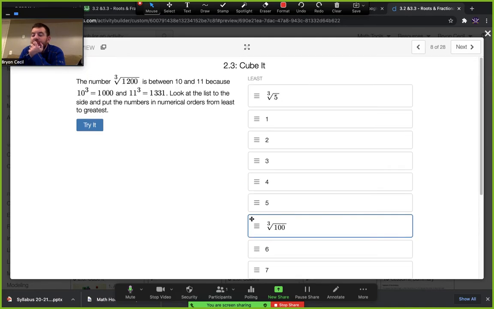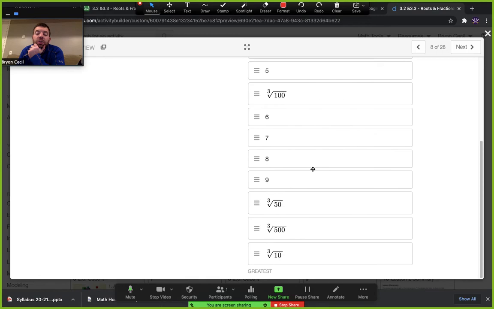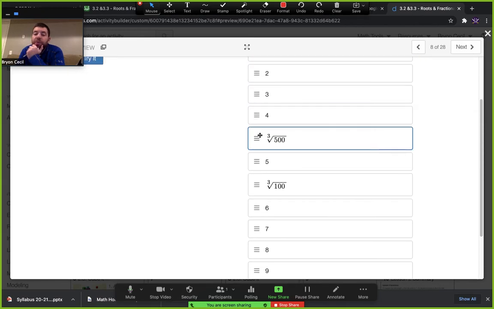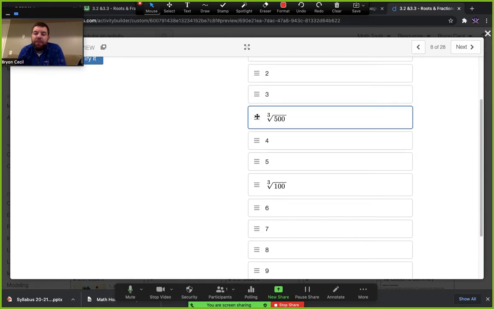What about the cube root of 5? That has to go here because 1 cubed is 1, 2 cubed is 8, so it has to be somewhere along there. The cube root of 50 falls in between 3 and 4 because 3 cubed is 27, 4 cubed is 64. So we know that's in between 3 and 4.